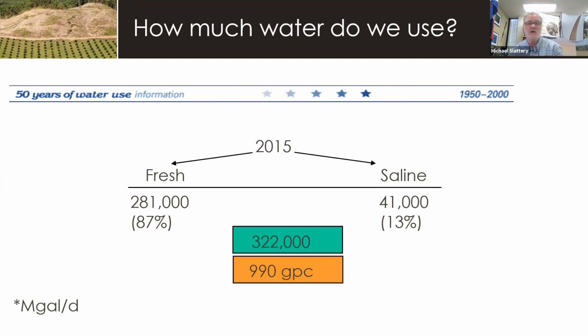That is the amount of water withdrawn per person, including power generation, including irrigation, for all uses. So that's just taking the total amount of water being withdrawn, 322 billion, dividing it by the population in the US, that's 320 or so million. That gives you a per capita withdrawal. Does that make sense? Everybody okay with those two numbers, 322 and 990? 322 billion gallons.